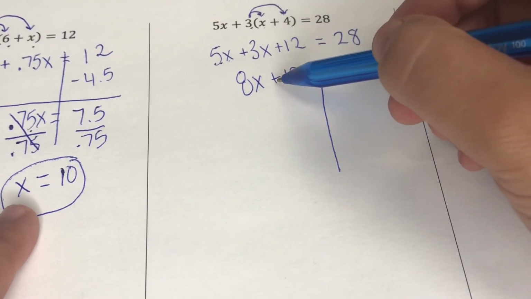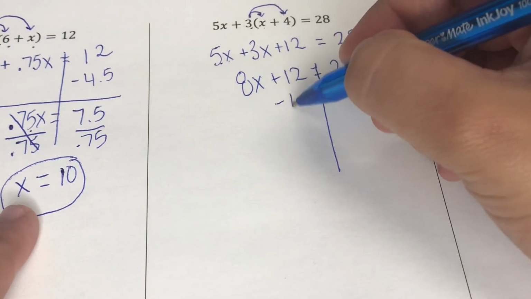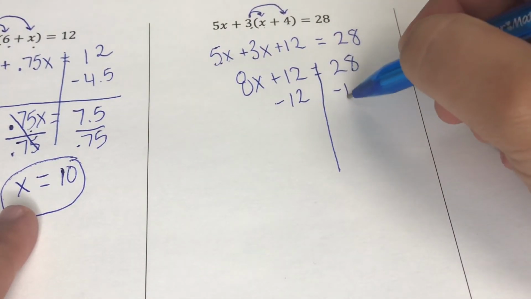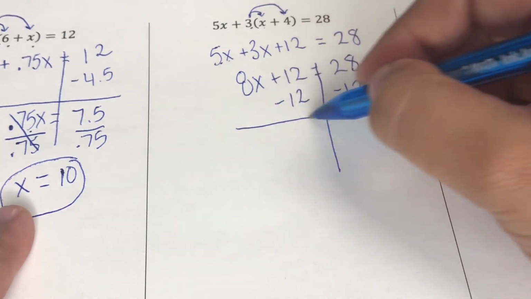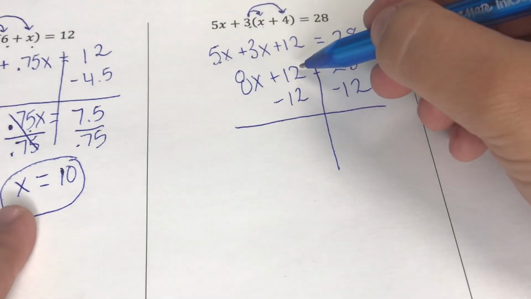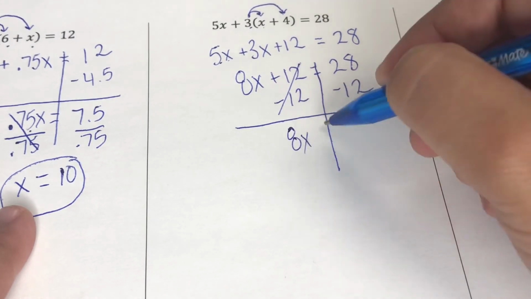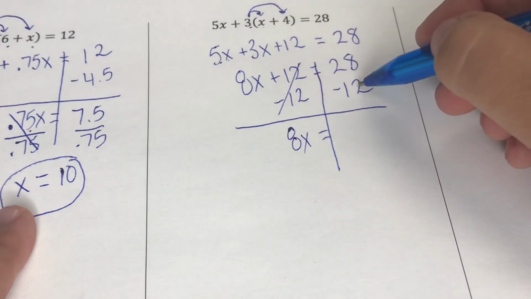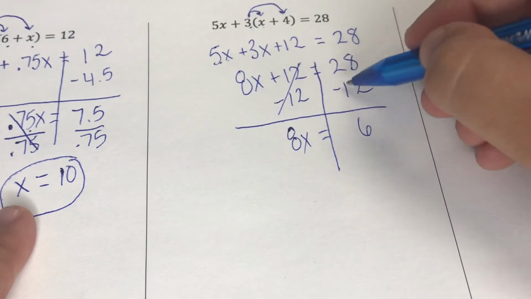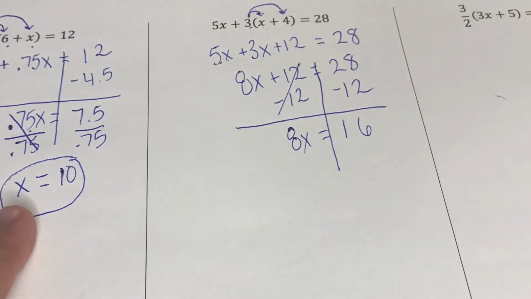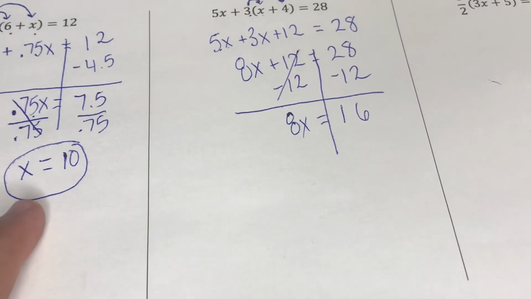The inverse operation of plus is a minus 12. We're using our subtraction property of equality here. 12 minus 12 is 0. We're left with an 8x. 28 minus 12 is 16. So now we have 8x equals 16.